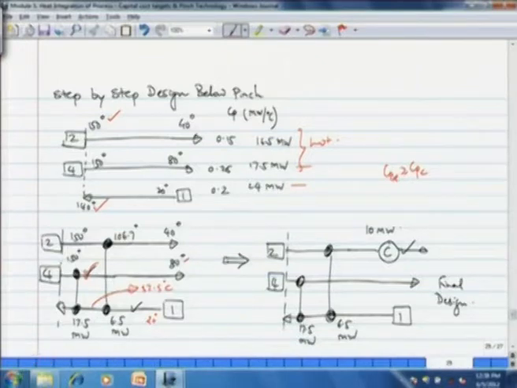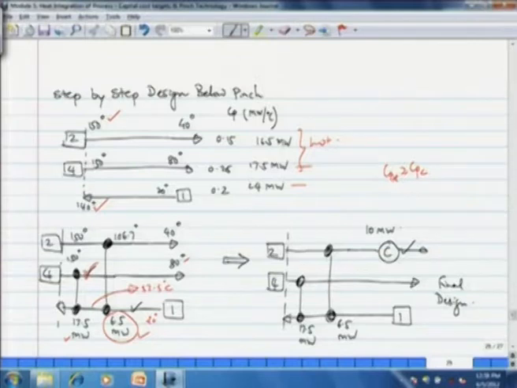And then we can place a match between stream 2 and 1. Stream 1 now requires only 6.5 megawatt of heat because it has already taken 17.5 megawatt of heat from stream 4 and it has a temperature of 52.5 degrees centigrade.